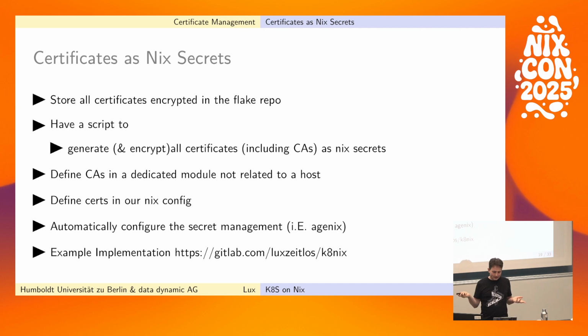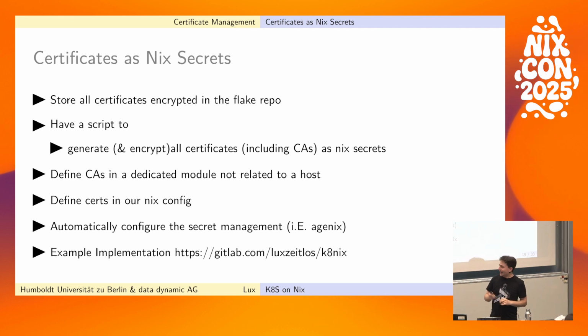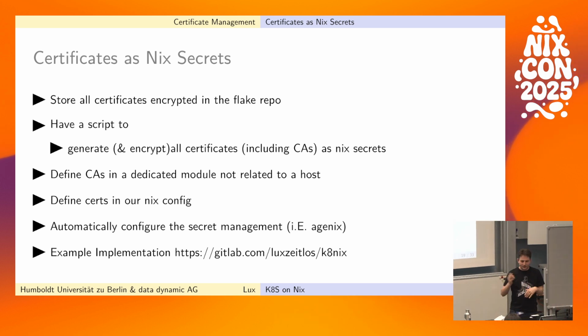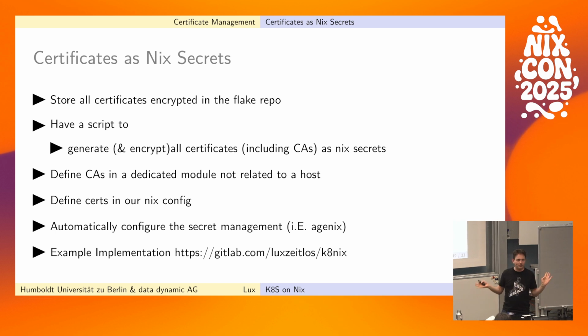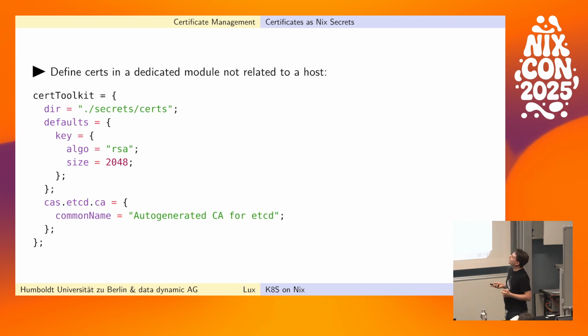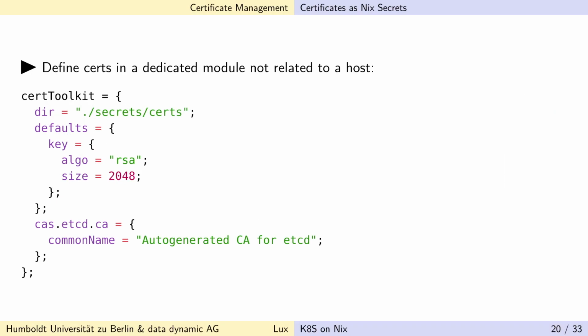And then use something like agenix, as I said. I have an example implementation here. This is just extracted basically from something we use and rewritten in a better way, absolutely work in progress, just some snippets I share, but it maybe gives some code to use. So what do I want? Let's say we have a cert directory in my flake.